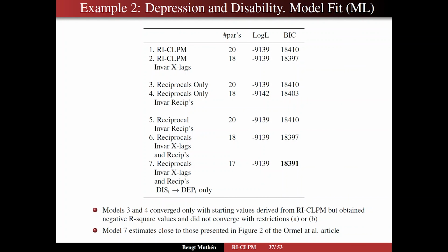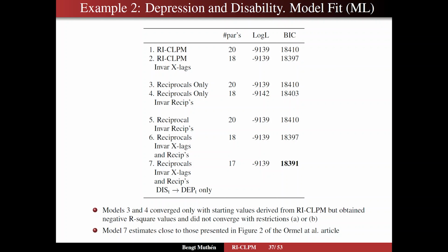On slide 37 then, we have the different models listed: the regular RI-CLPM kind, the reciprocal only kind, and the reciprocal models in three different variations. I should mention, by the way, that throughout all of these 5 examples, I use the RI-CLPM, not the classic CLPM, because the CLPM fit is much worse in all of these examples, and the random intercept variances are substantively large and significant in all of the examples.